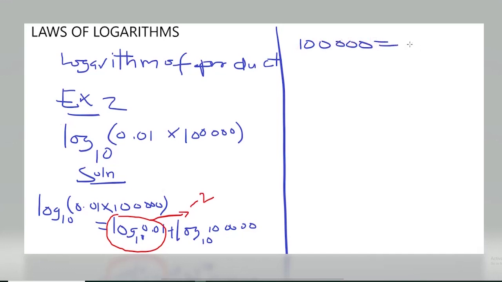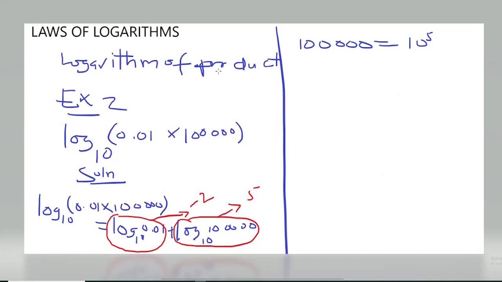This one can be written as 10 power 5. From this you can say our exponent is 5 and the base is 10. I've already found the exponent, which is 5. So if you express this expression as a whole, it is equal to 5.